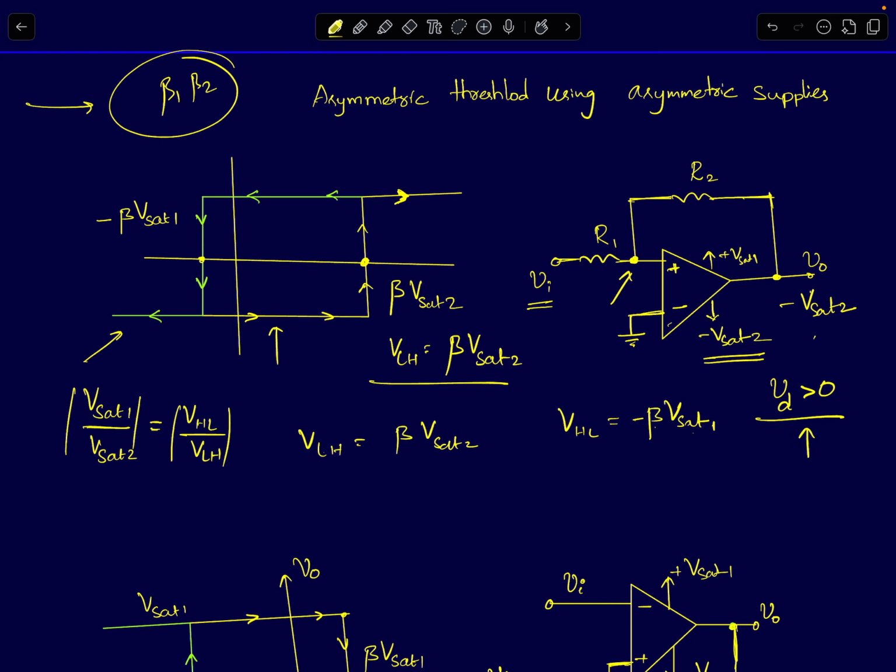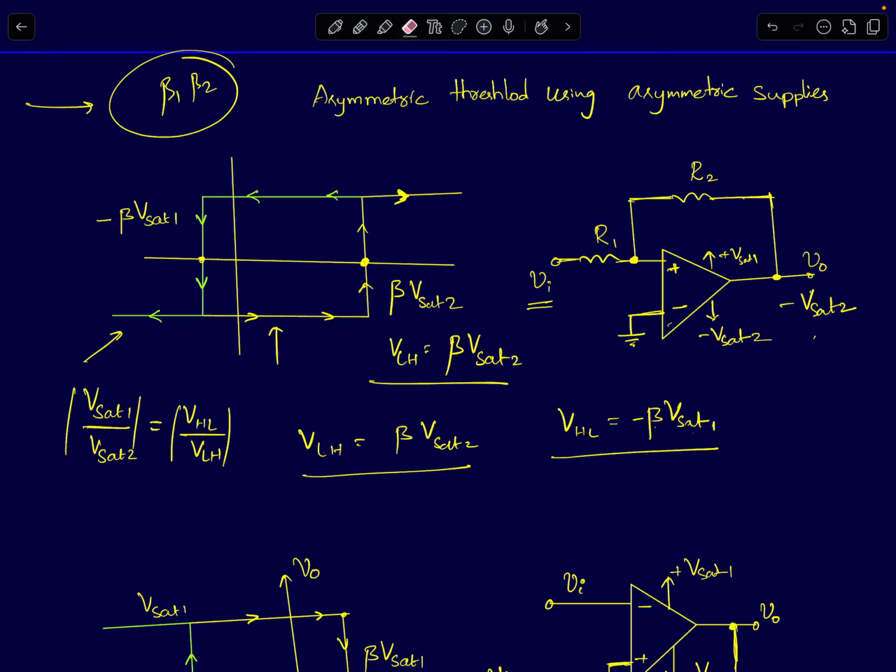The differential voltage at this node, you can find using the principle of superposition. You can show that the low to high threshold voltage will occur at plus beta times VSAT 2. Similarly, you can show the high to low threshold voltage will occur at minus beta times VSAT 1.